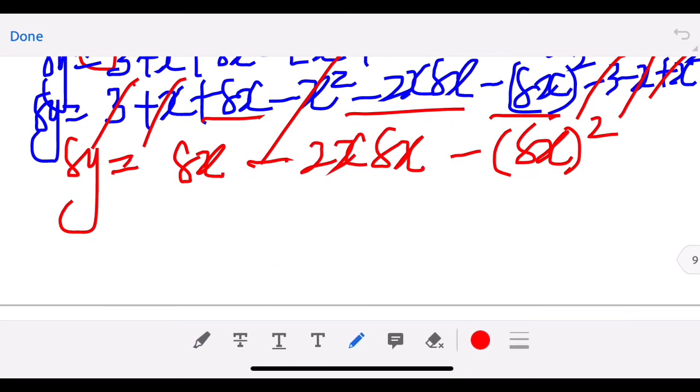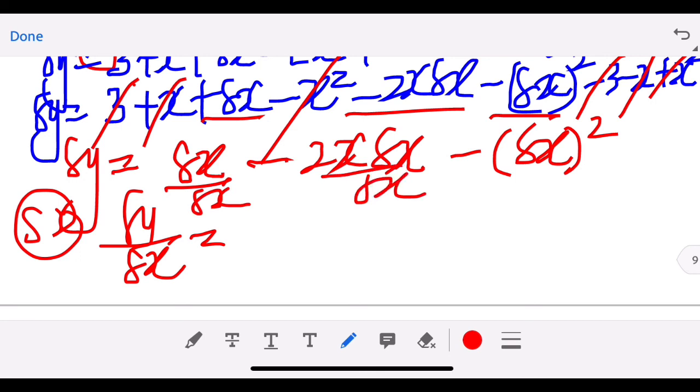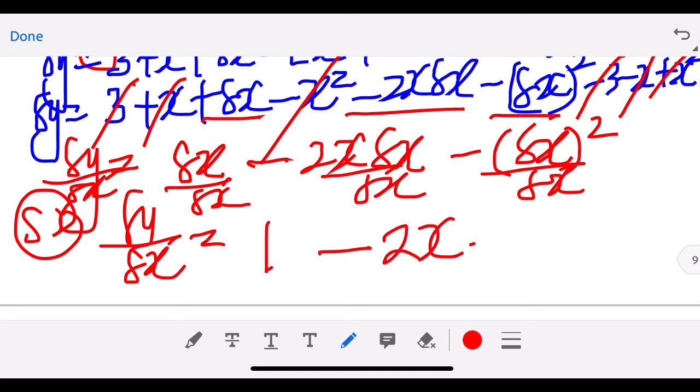And step 2, we have to find the ratio of delta y over delta x. So we just divide by delta x, divide by delta x, divide by delta x. Delta y over delta x, you get 1 minus 2x minus delta x. This one you have to cancel one of them.